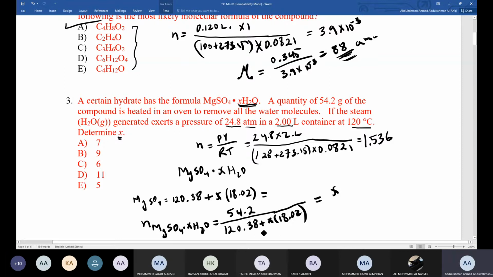If you calculate this mole, this will give you X mole of H2O.